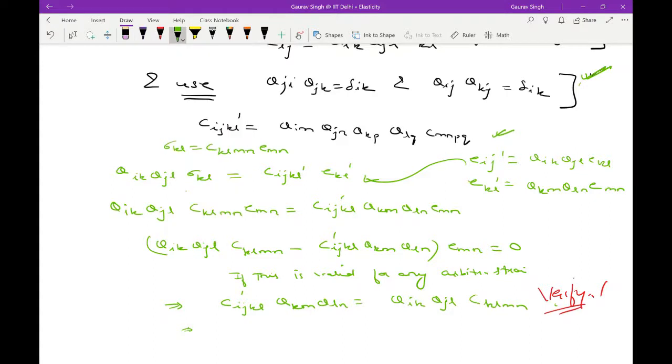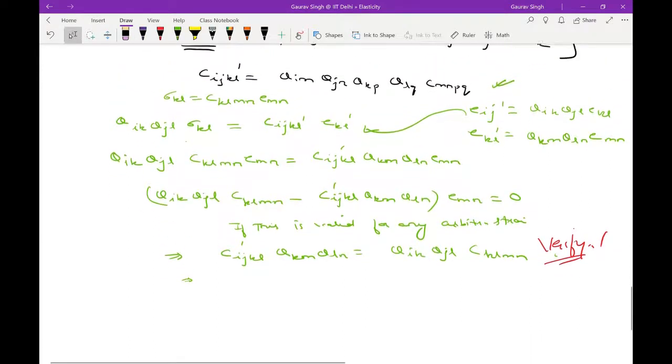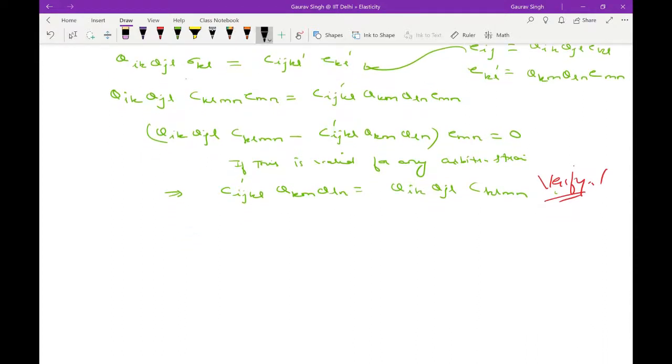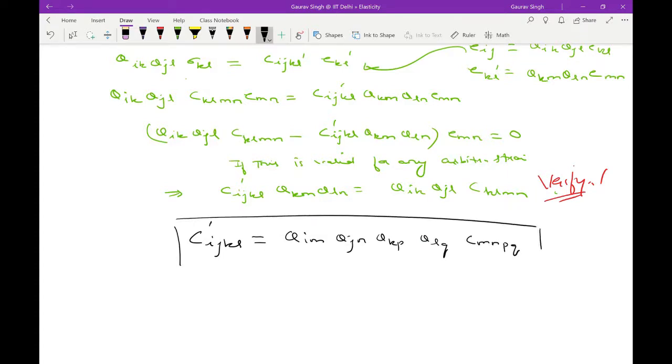If there's any doubt, please feel free to ask me. So I'll write this final form, which is Cijkl dash is equal to Qim Qjn Qkp Qlq Cmnpq.